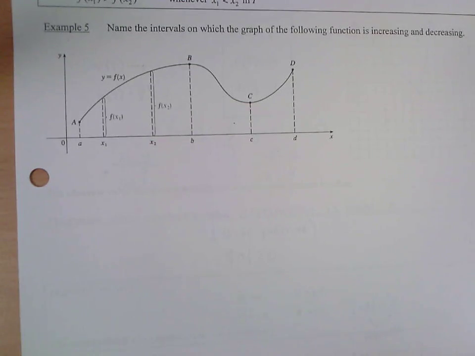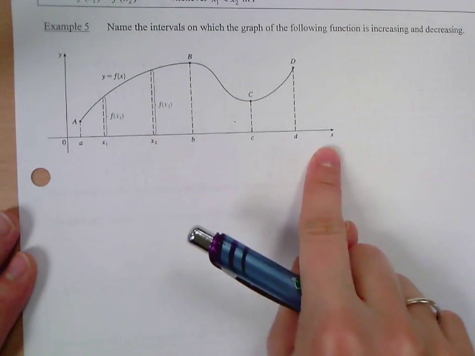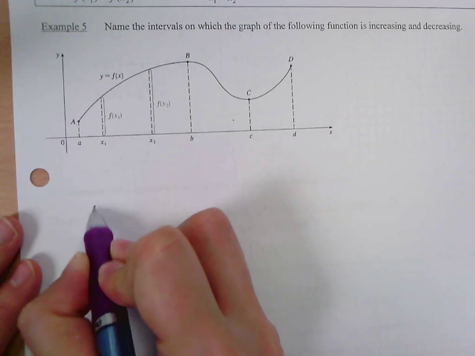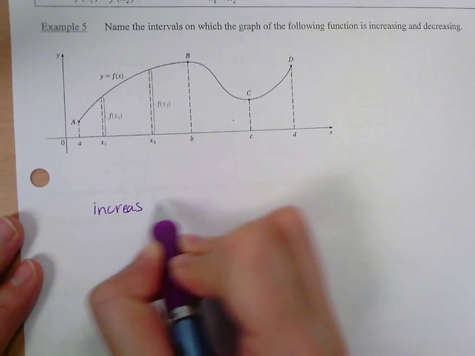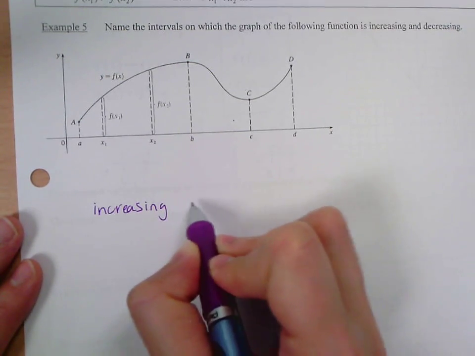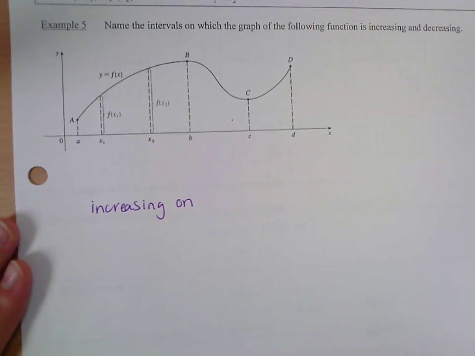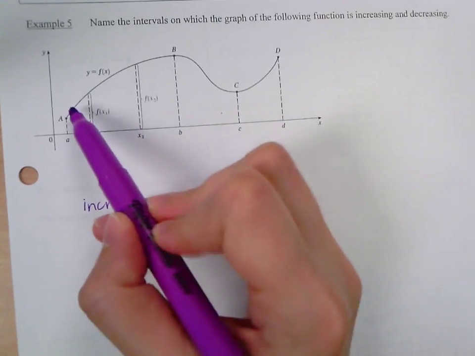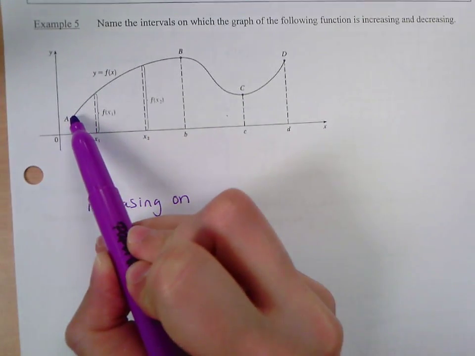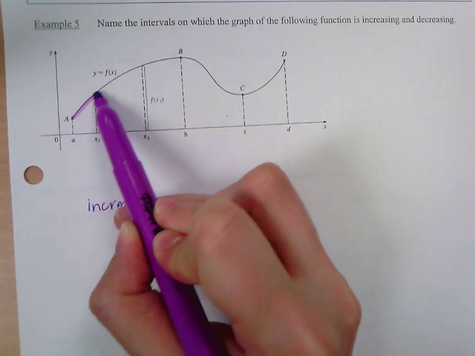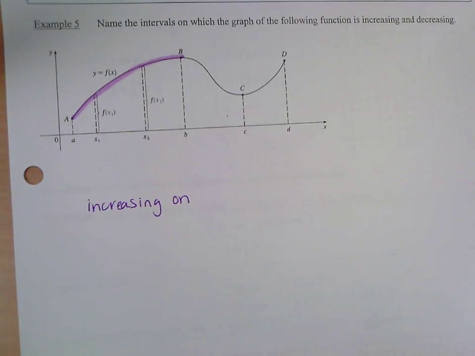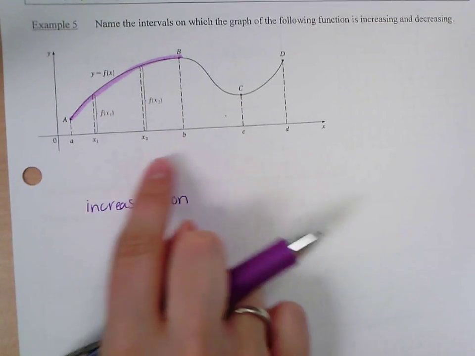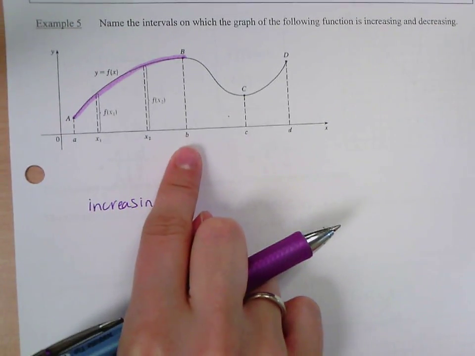So if we were to say where this function is increasing, I could say this is increasing on, it starts at lowercase a and it increases until b. But we want to use the lowercase because we want to use the x values.